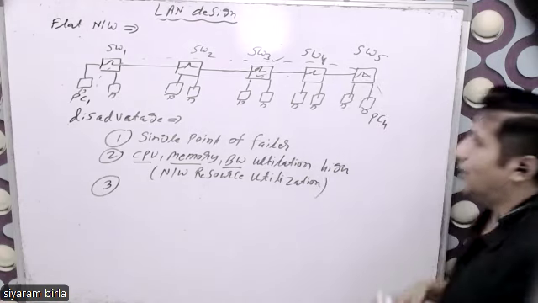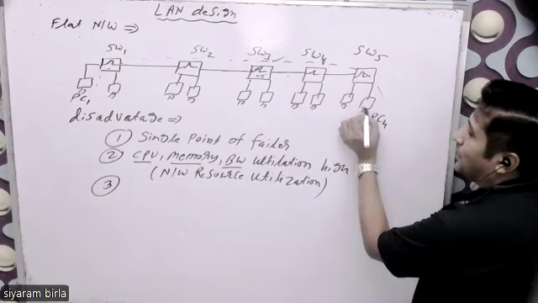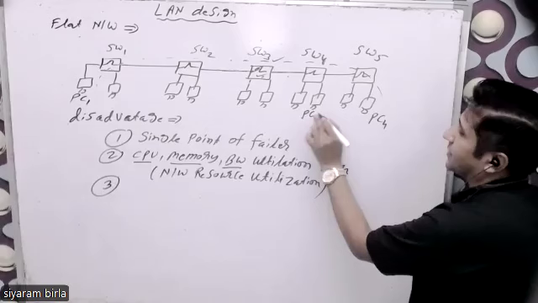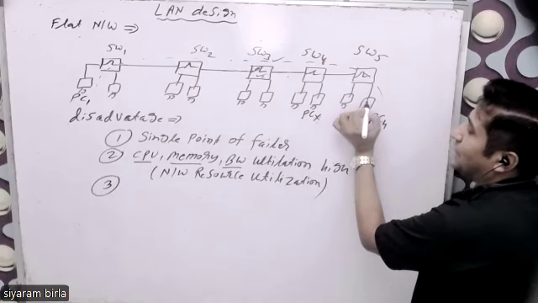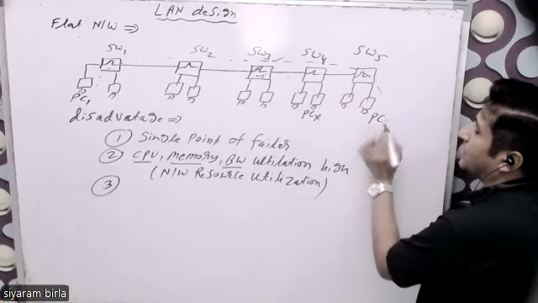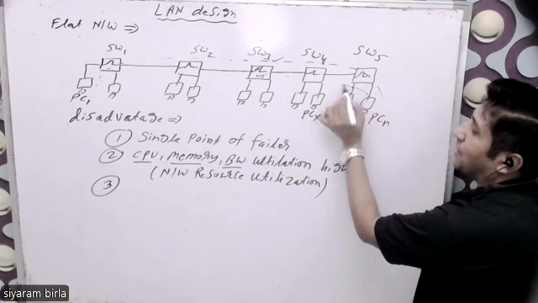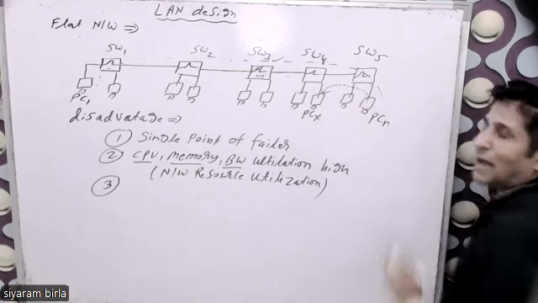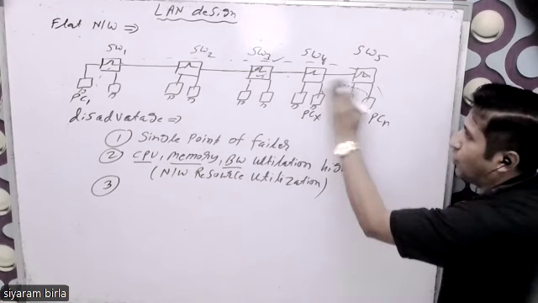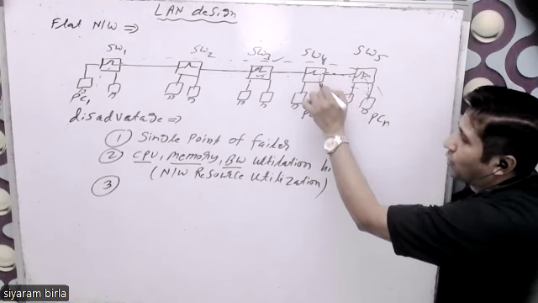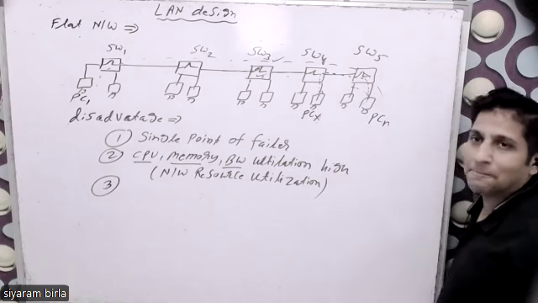So suppose PCN wants to communicate with PCX. PCN sends traffic to PCX. This distance is minimum, so it will take minimum time. Traffic goes via switch 2 to switch 4 to PCX.